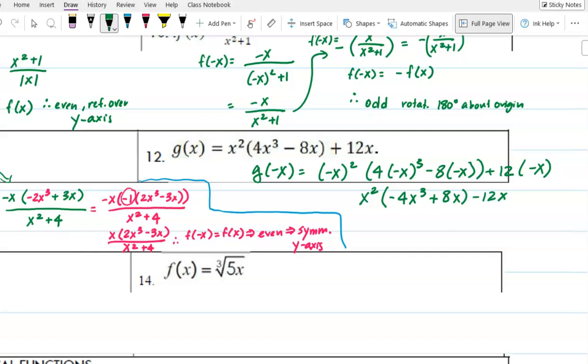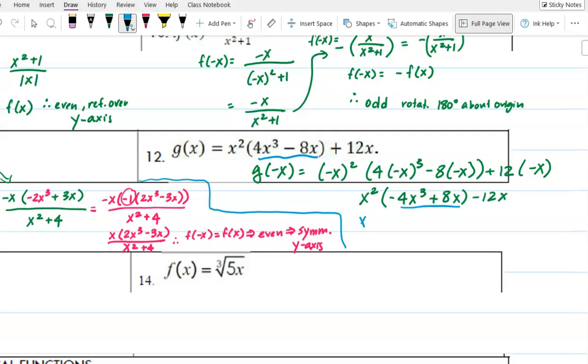Now, if you take a look, okay, is there a way for me to possibly, first of all, make what's inside the parentheses look like what's inside of that parenthesis. Let me do it in a different color. Okay, that and that. Can I make those two look the same? Yes, I can.